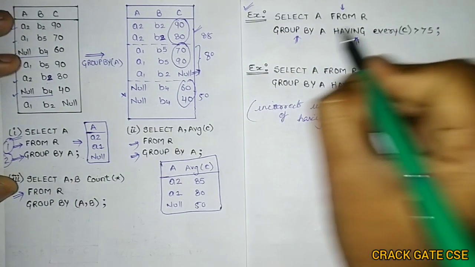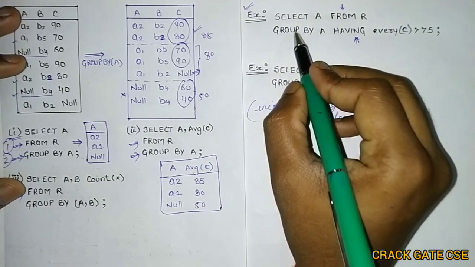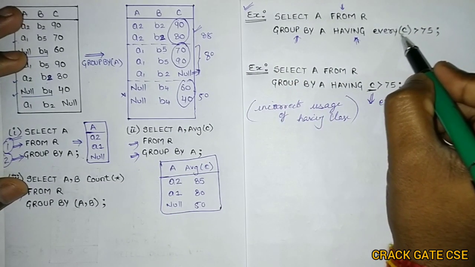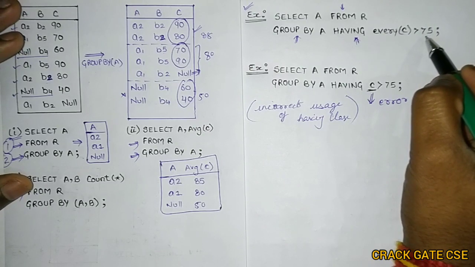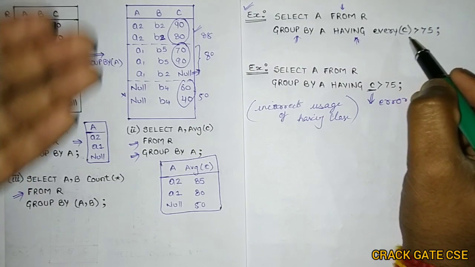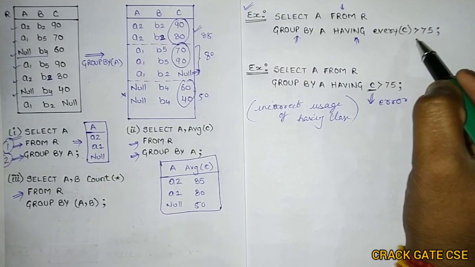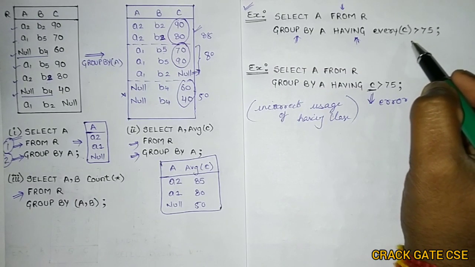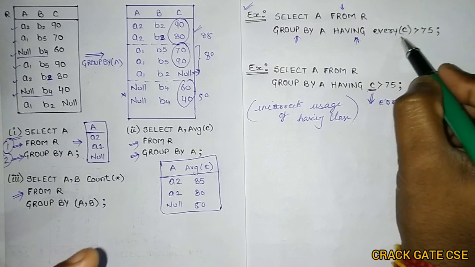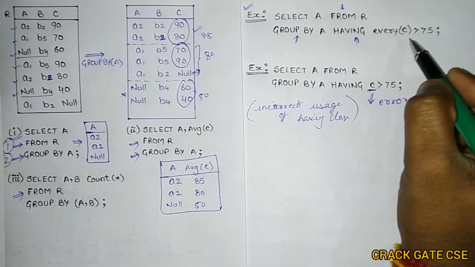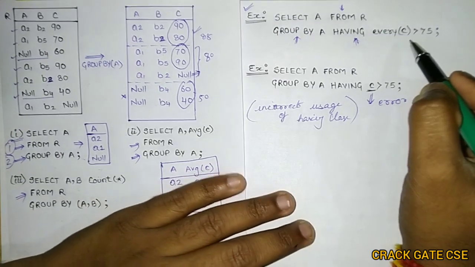What it says is that every group should have the value of C greater than 75. Every C means every value of C in a group has to be greater than 75. If any one row does not satisfy this condition, then that complete group will be discarded from the result. How? Let's see.